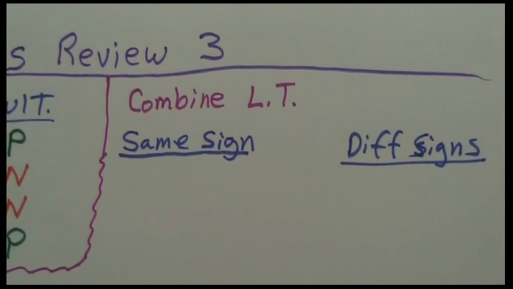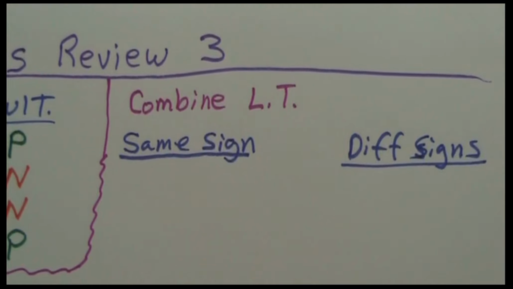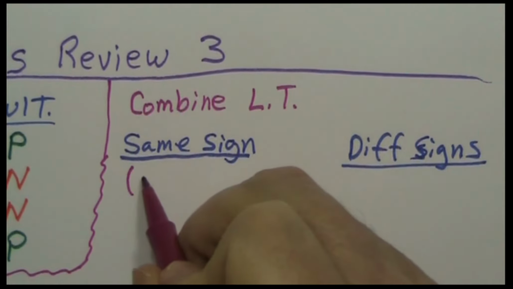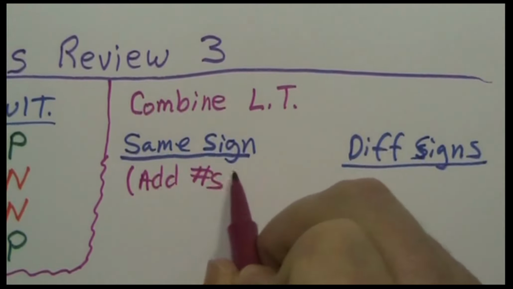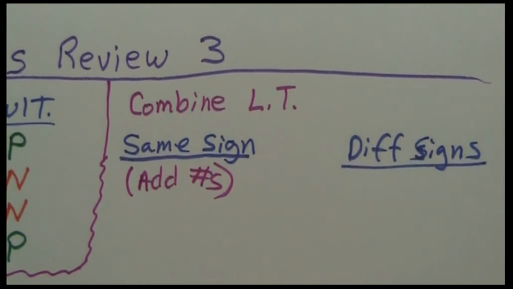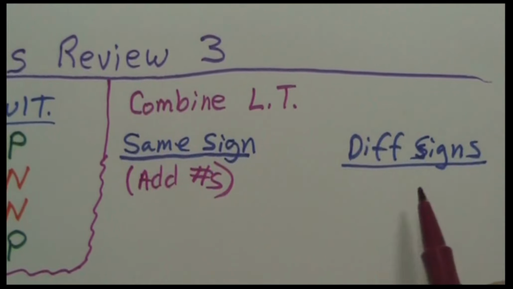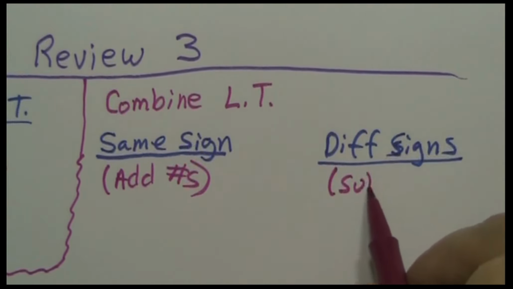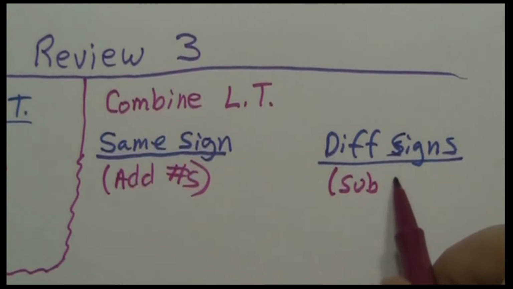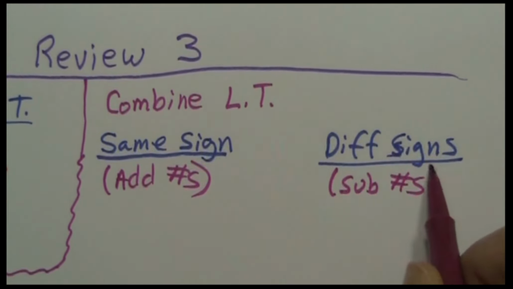So what do we do if they're the same sign? If they're the same sign, we simply add the numbers. What about if they're different signs? You subtract the numbers.